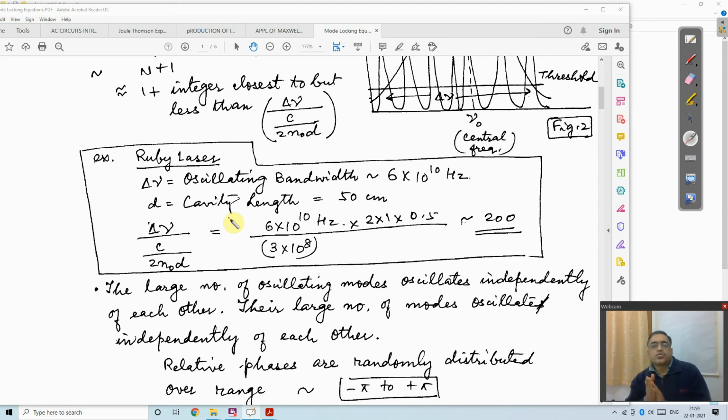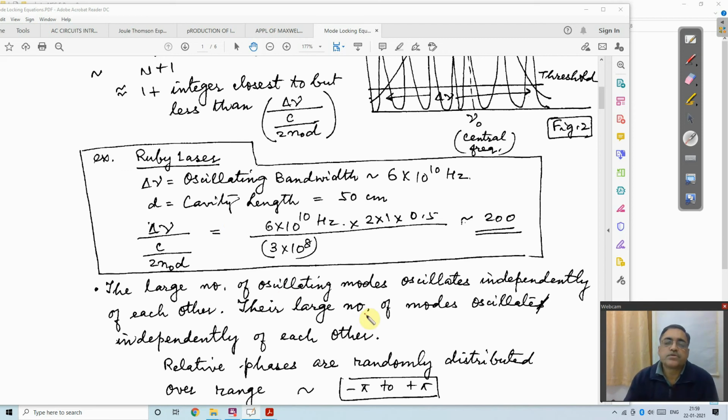So how many modes are we going to obtain? We just divide the bandwidth by the intermodal spacing, and we obtain 200 such modes.